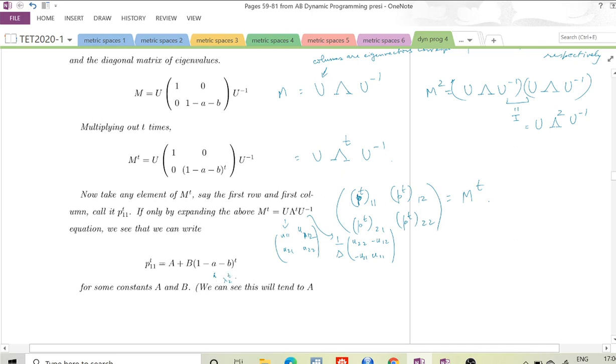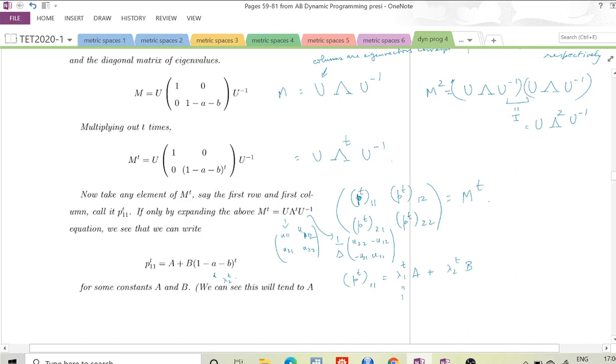So what's actually happening is, if you do difference equations, in my new notation, this is equal to lambda 1, which is 1, times a, lambda 1 to the t, which is 1 to the t, right? Plus lambda 2 to the t times b. Okay.